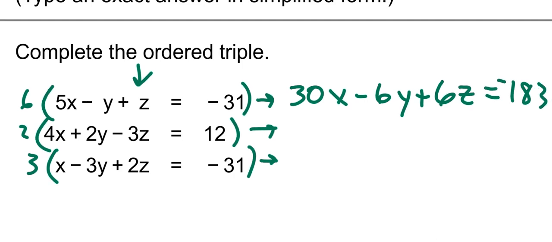Did I do anything wrong? Look at my first equation and tell me if I did anything wrong. 30x minus 6y plus 6z equals negative 183. Please tell me you see my mistake.